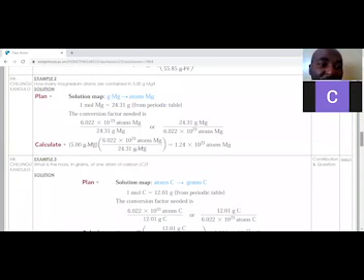How many magnesium atoms are contained in 5 grams of magnesium? The mention of atoms should bring back Avogadro's number. Atoms correspond to Avogadro's number, because Avogadro's number is equal to 6.022 times 10 to the power 23 atoms.